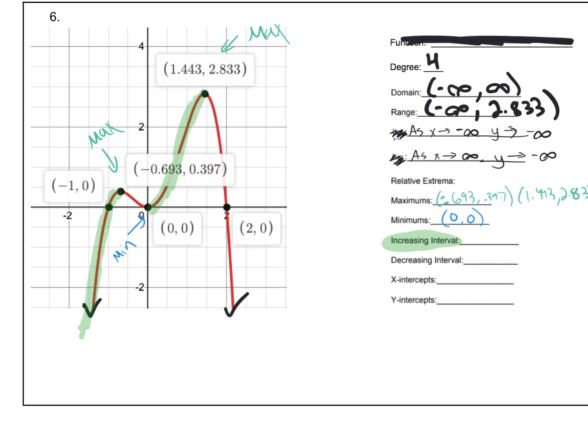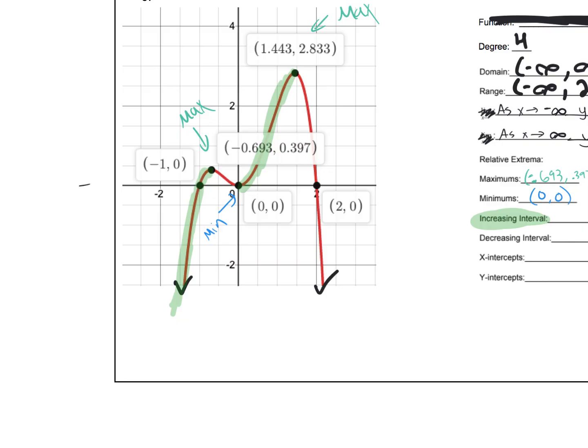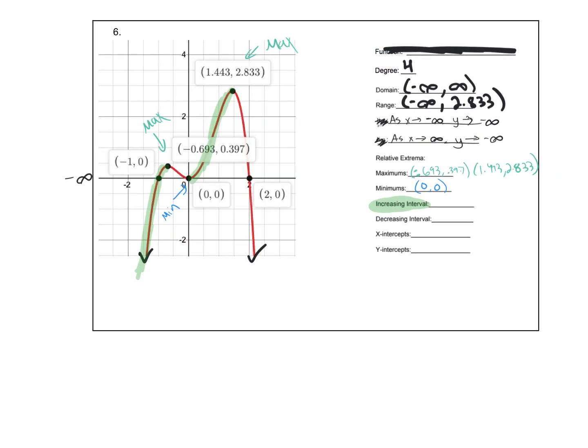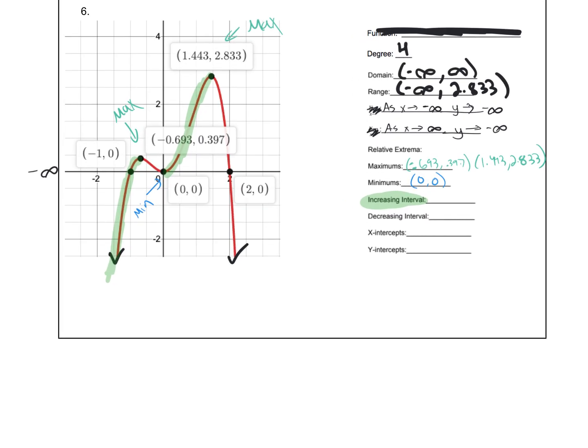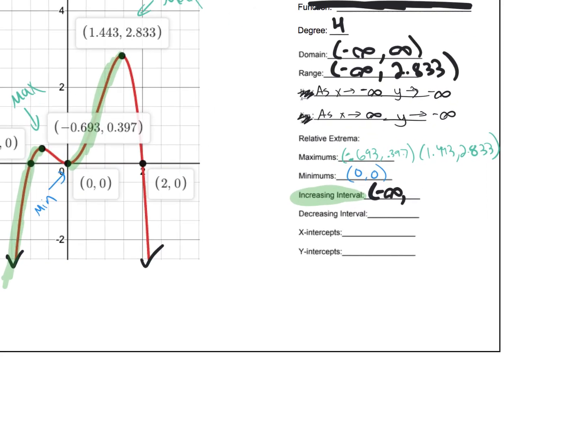So let's talk about x values for each of these intervals. Working from the left, remember, way off to the left is the x value negative infinity. So we're going to say this first increasing interval is going to go from negative infinity all the way until we get to our x value at the first turn, which is negative 0.693.